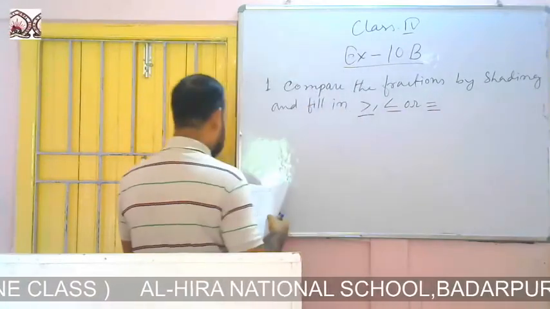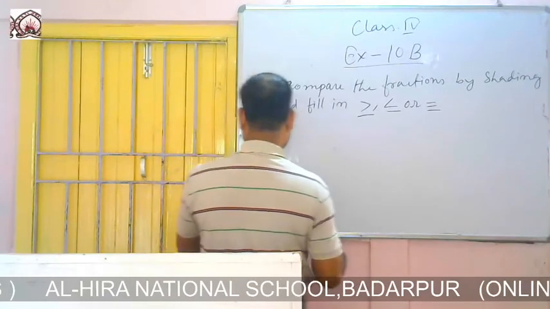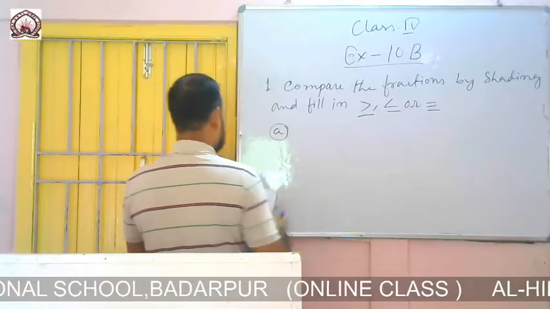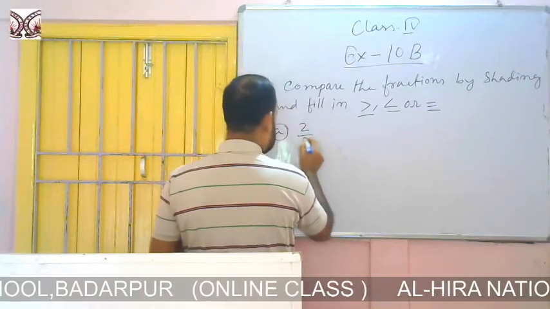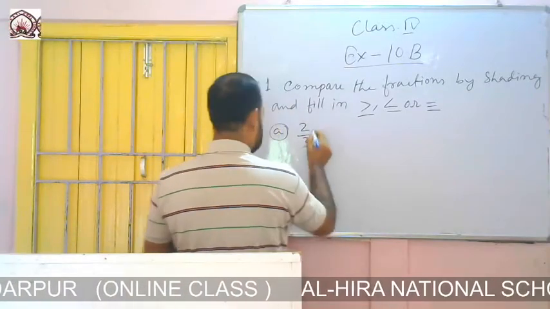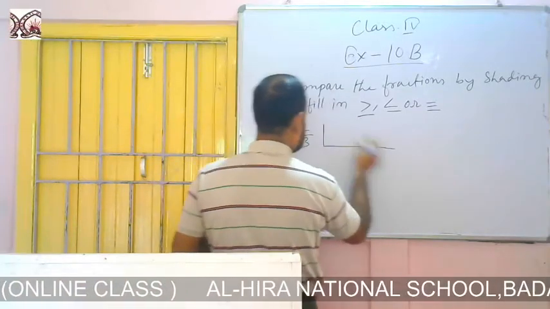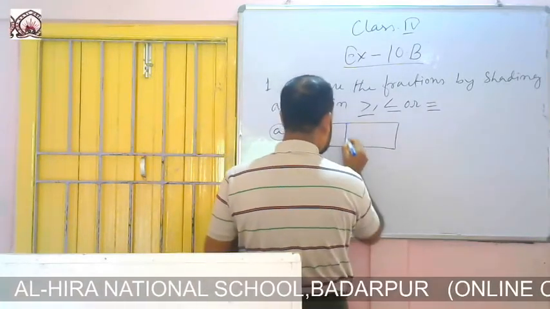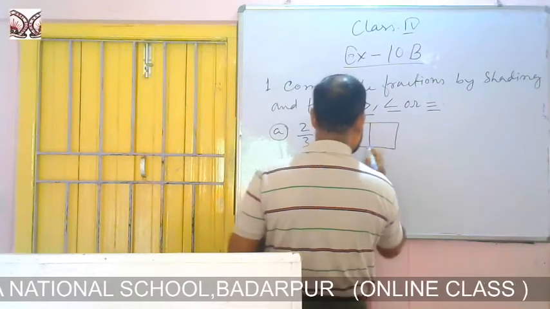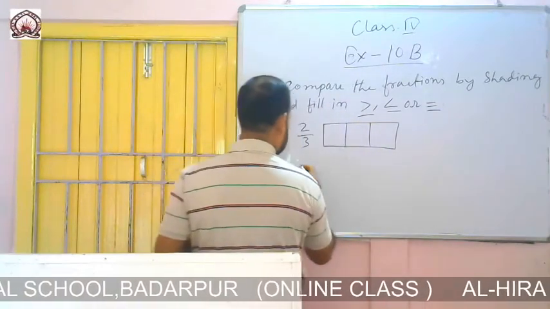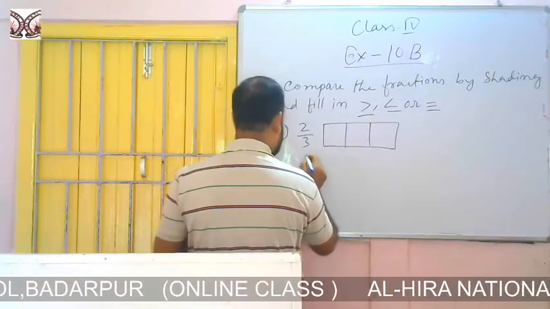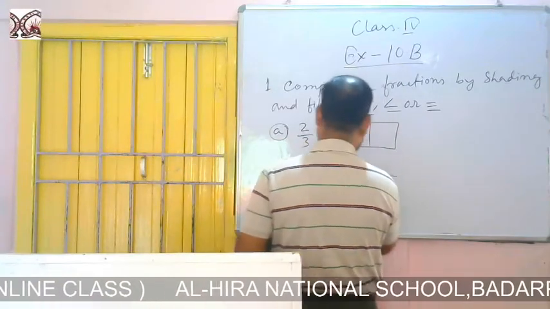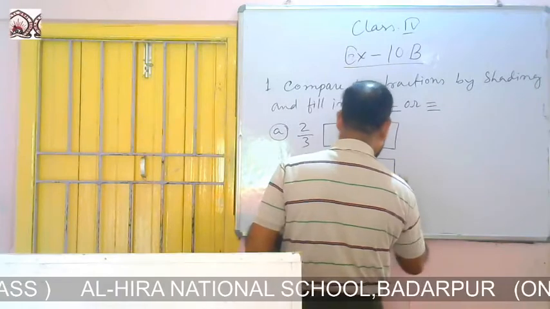First we compare the fractions by shading and then we fill in with greater than, less than, or equal to. So question number 1a, the first fraction given is 2/3 and we draw it. Next fraction is 1/3.